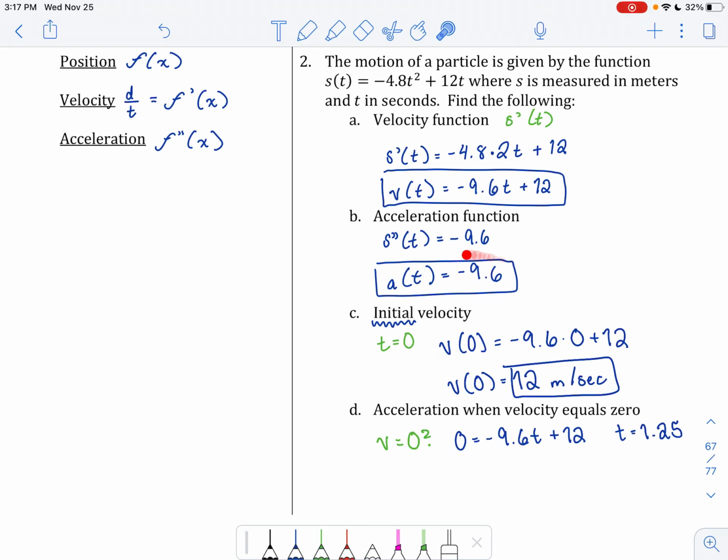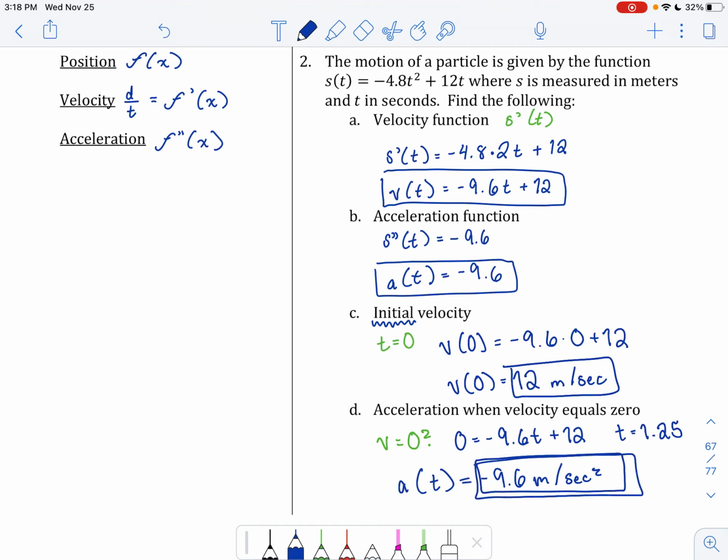Oh wait, if you notice, our acceleration is a constant. So no matter what that time is, our acceleration is going to be negative 9.6 meters per second squared would be the unit on that. So we didn't have to do any algebra there, though it is good practice if you want.